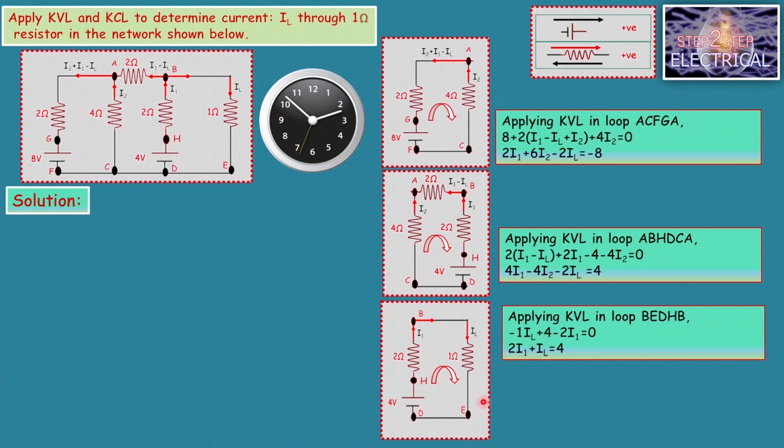Here the direction of current I1 is clockwise and the direction of movement is also clockwise, that's why it is negative. The summation is equal to 0. So on solving we get 2I1 plus IL is equal to 4. So these are the 3 equations we obtained with the help of these 3 loops.